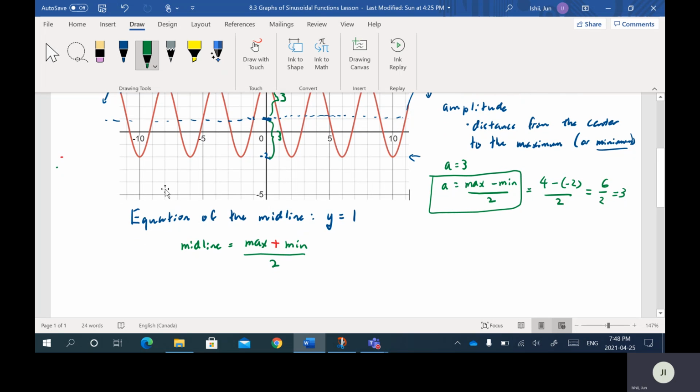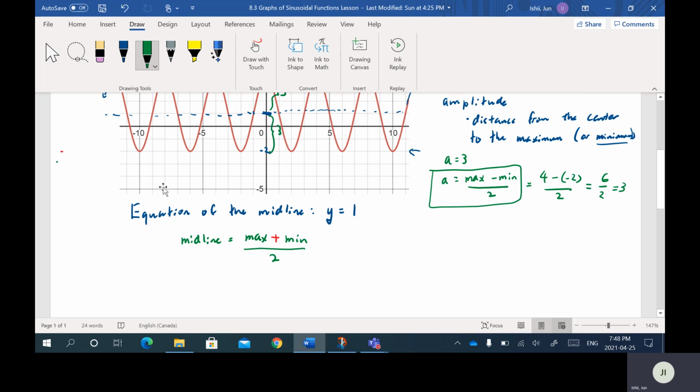If I apply this to this example, I would go with y equals. It's y equals because it's a horizontal line. The maximum value here is 4.